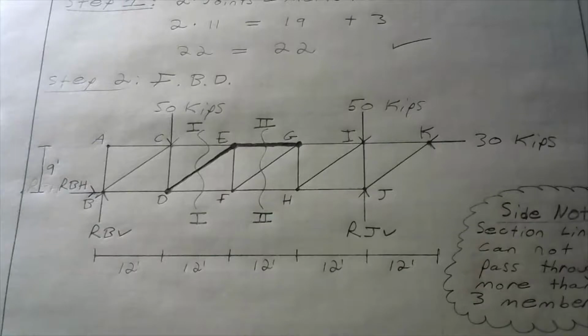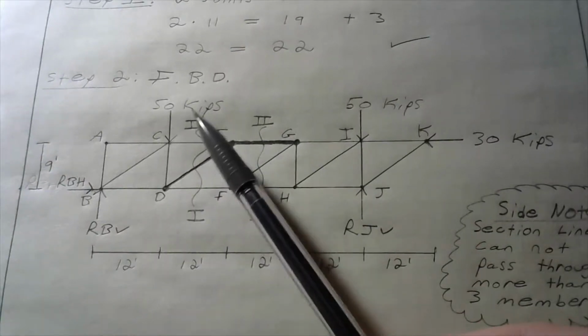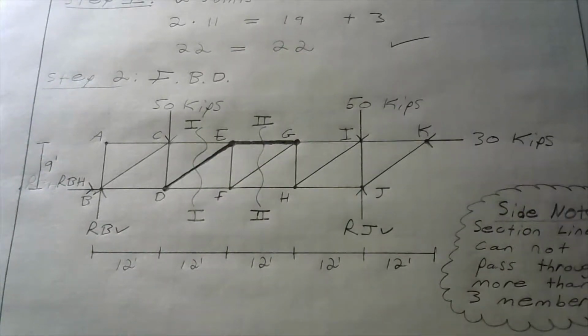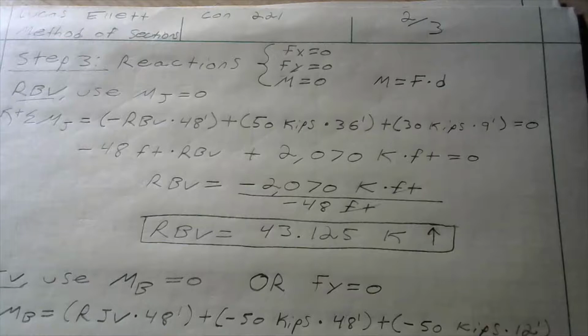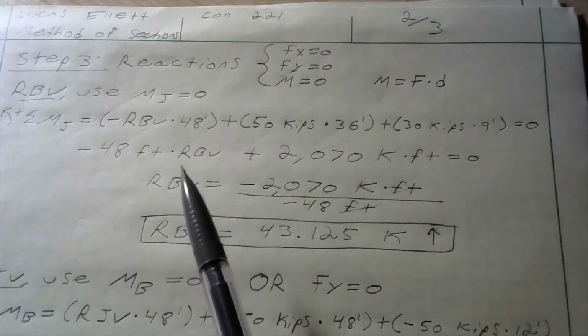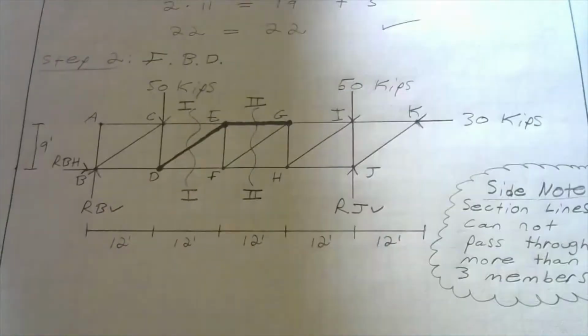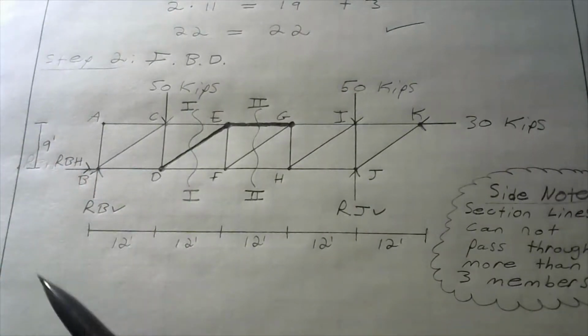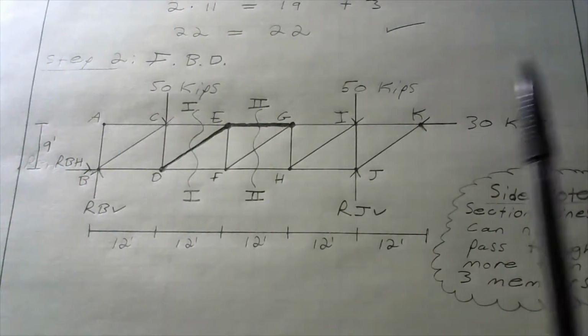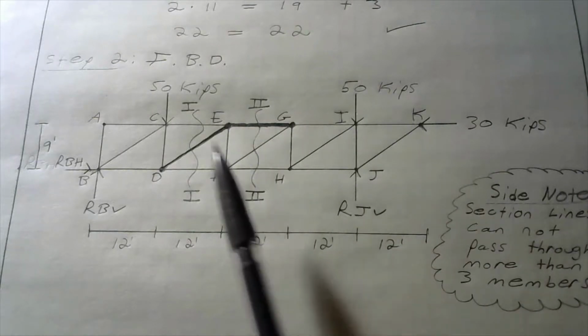And all you're left with is RBV, this 50 kips, and this 30 kips. You're only going to have three things to calculate there. And this RBV is negative because it rotates this way about J. And the other two, this 30 kips is positive, this 50 kips is positive.